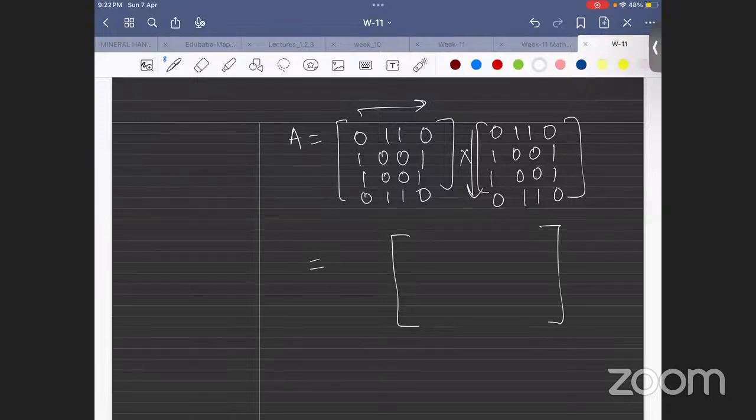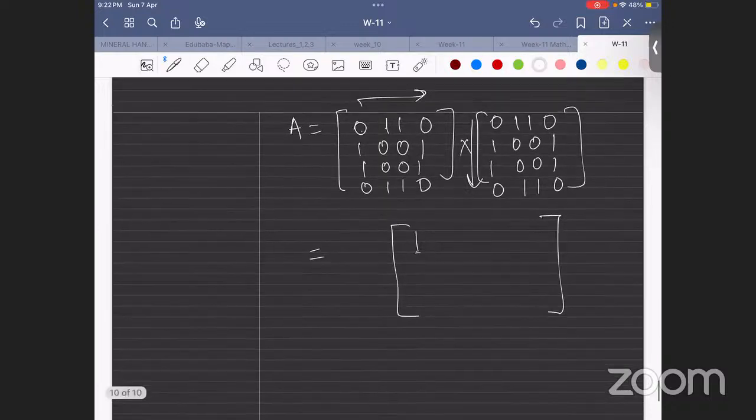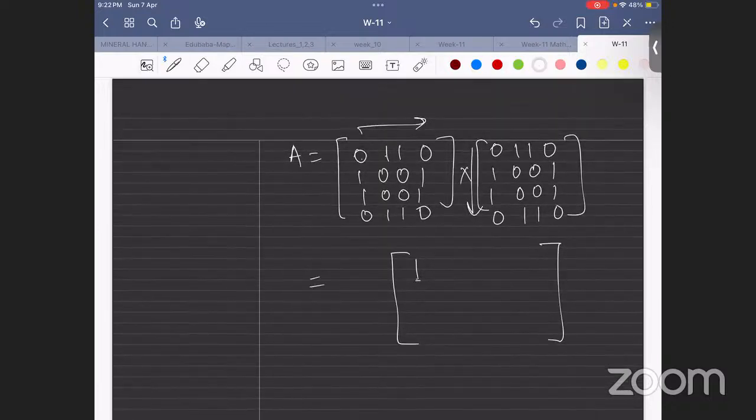For the first entry, the value is 2, and whenever you get more than 1, you can write it as 1. What should the next value be? I guess 0 0 0 0. Similarly, I'll be getting 0 0 0 0. Next, I guess 1, correct? Similarly, if you calculate, you get 1 0 0 0 0. This you are able to know.